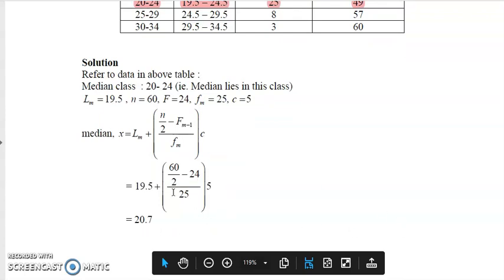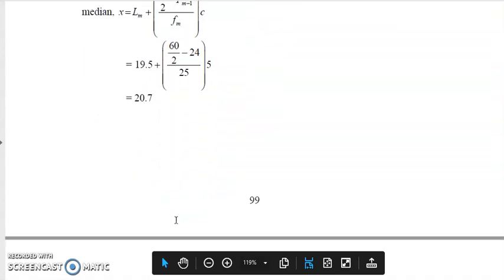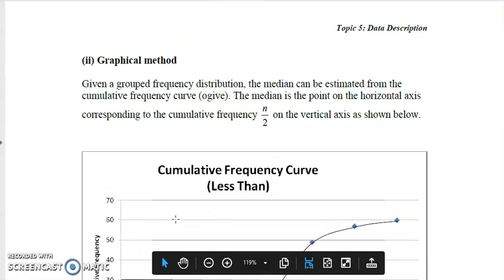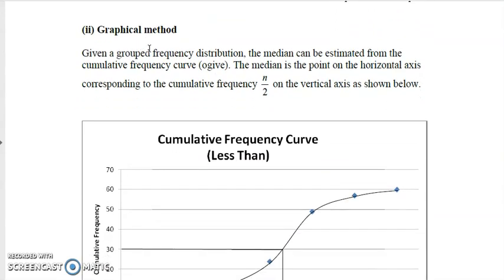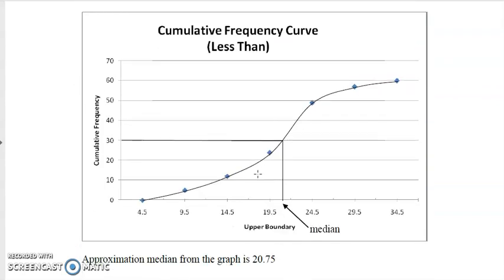So I hope you are clear on how to find the median. Next, our mode. Okay, before we go to mode, let's look at how to find the median using the graphical method. Usually if the question asks for the median using the graphical method, we refer to the cumulative frequency curve.